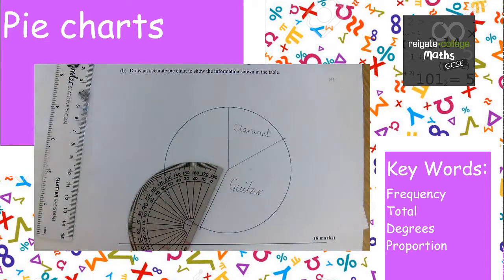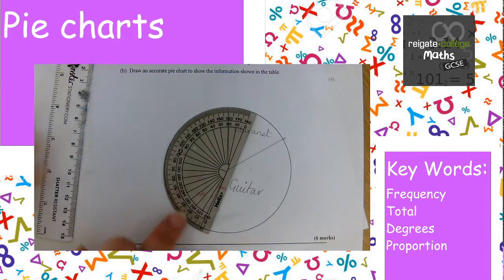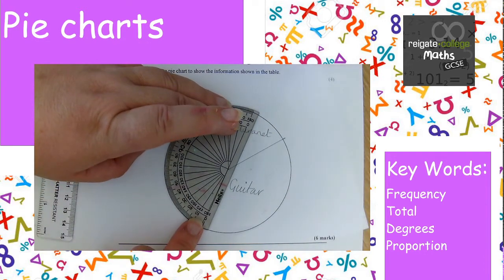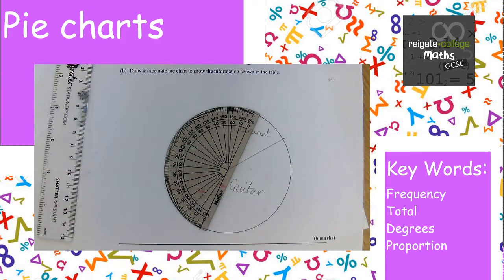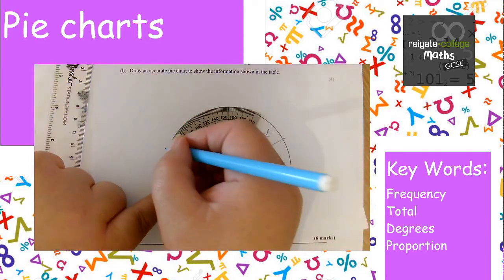I replace my protractor so that I'm continuing round in a clockwise direction, lining up my protractor now with the last line I drew. Now my next segment is 84 degrees, so around the outside numbers again, to 80, past 80 to 84.